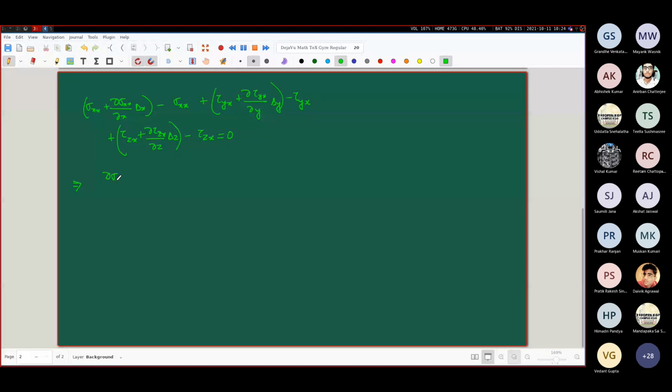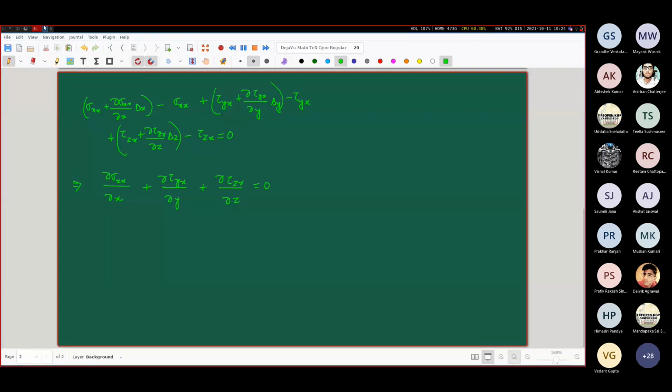Del sigma xx del x plus del tau yx del y plus del tau zx del z is equal to 0. Up to this point, does anyone have any doubt? Please tell me.